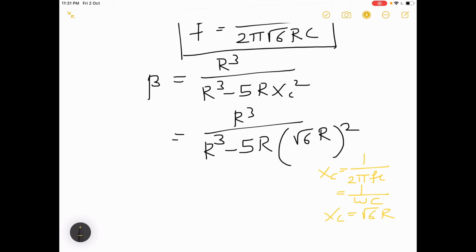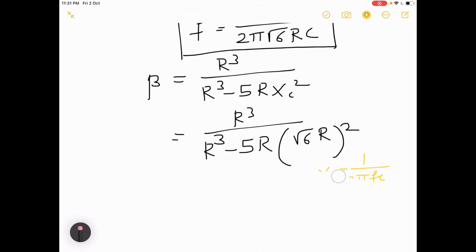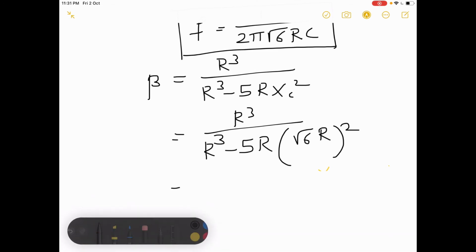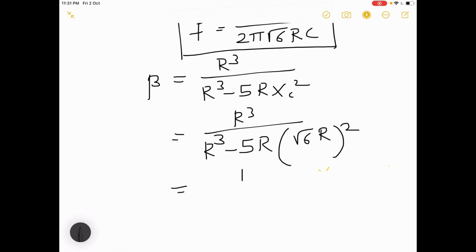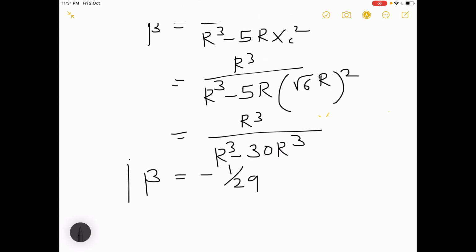So we will put the value of this Xc here in this equation. So I will get R cube upon R cube minus 5 into 6R, 6 fives are 30, so 30 R cube. So my beta is minus 1 upon 29. So my feedback ratio is minus 1 upon 29.